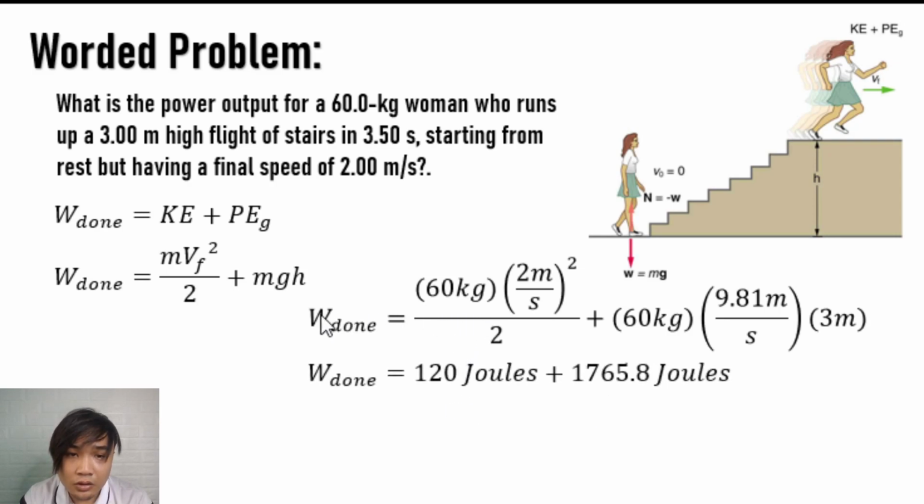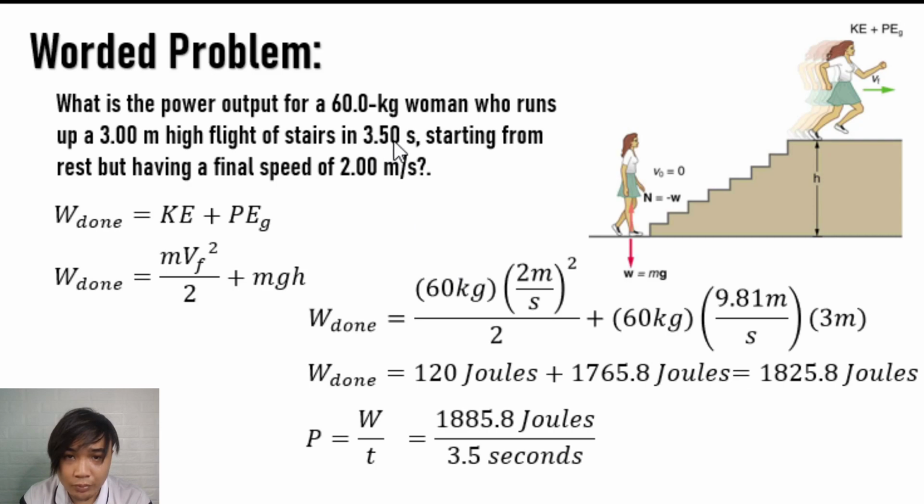So, yung kinetic energy is 120 joules and the potential energy is 1,765.8 joules. So, time consumed niya from zero displacement up to yung 3 meters high. Ito yung total work done. Time consumed is 3.5 seconds.